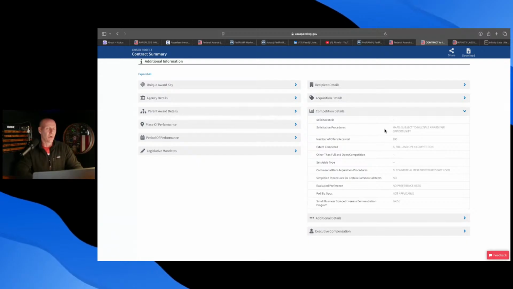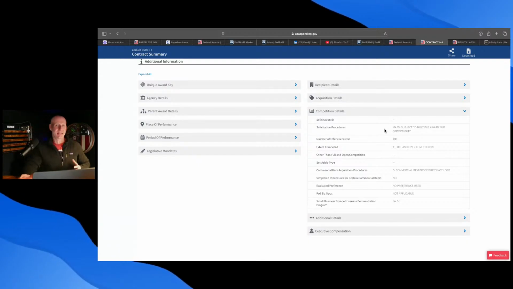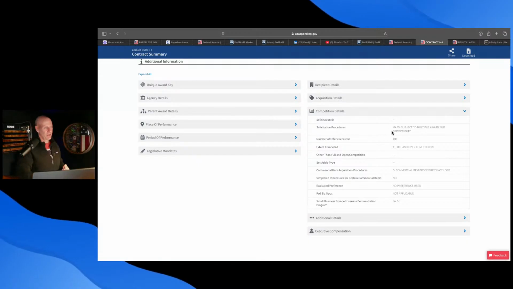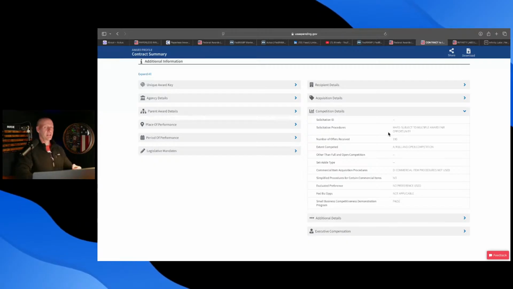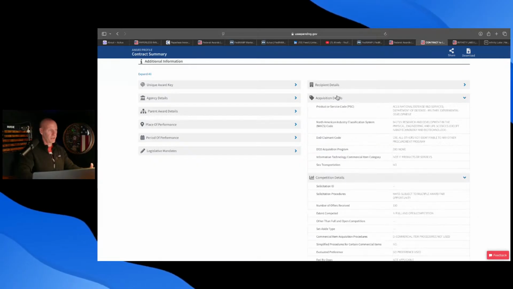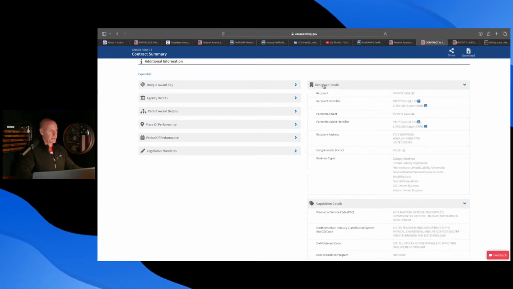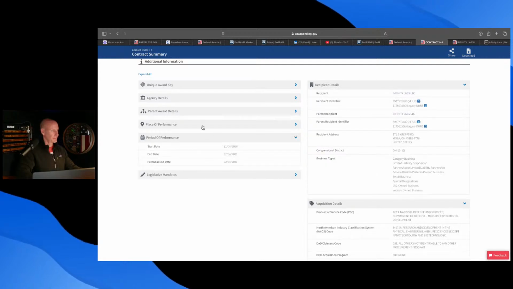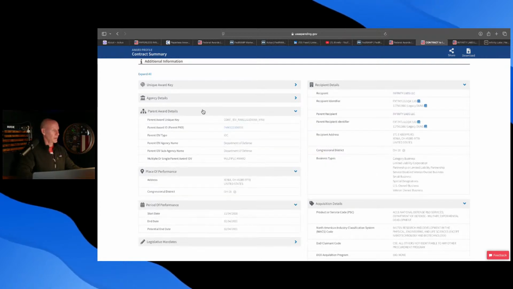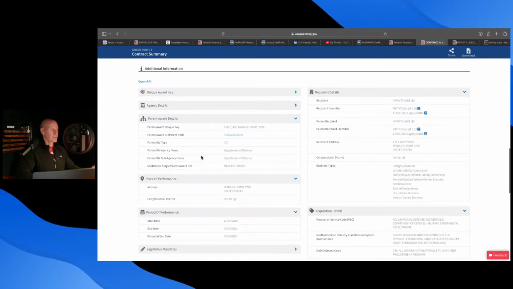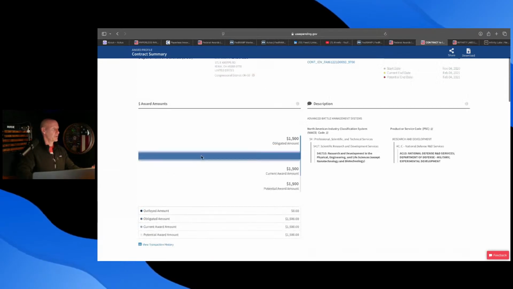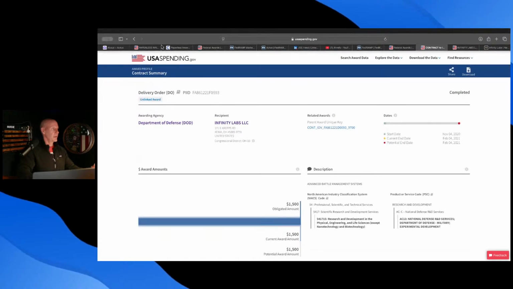But if they awarded it to multiple recipients, it's not that much, right? So you just gotta remember that each one of these solicitations, each one of these contracts is different, and you want to understand them. National Defense R&D. Okay, so what it looks like to me is, yes, they're on this multiple award ABMS. So that was their first one. By the way, a lot of people get frustrated by that.